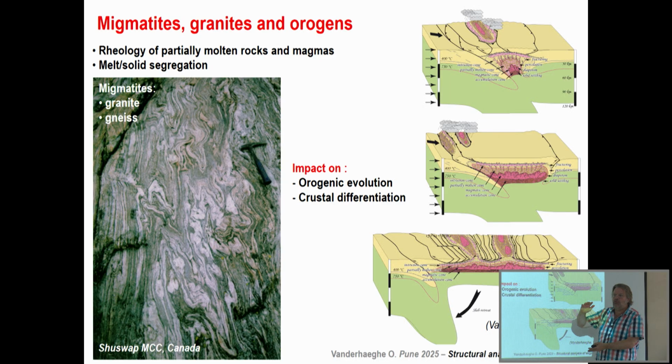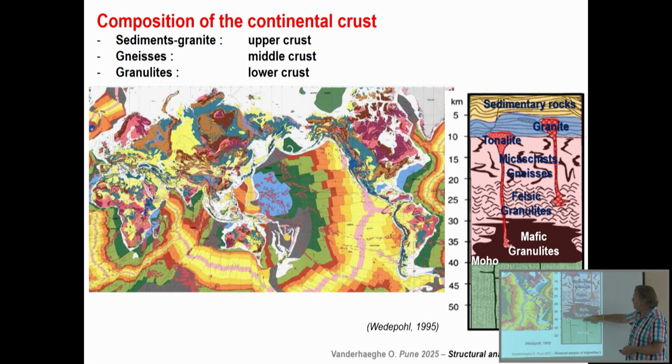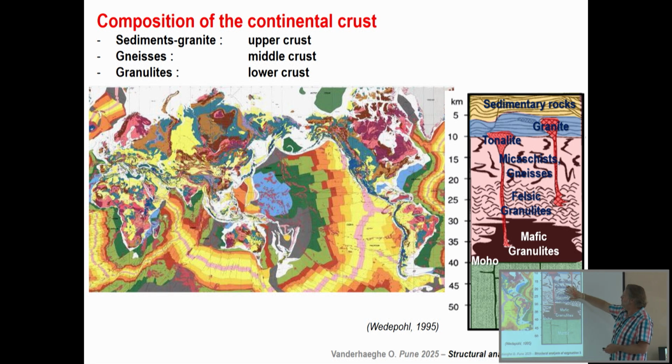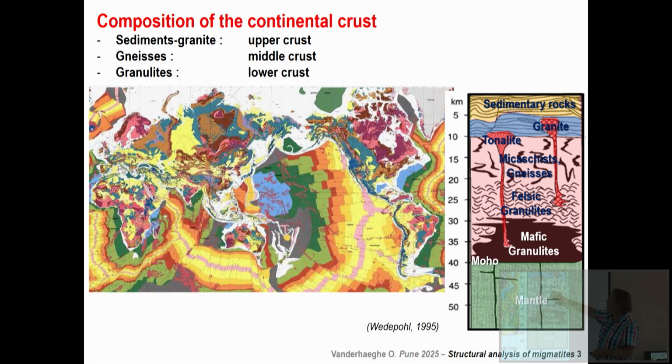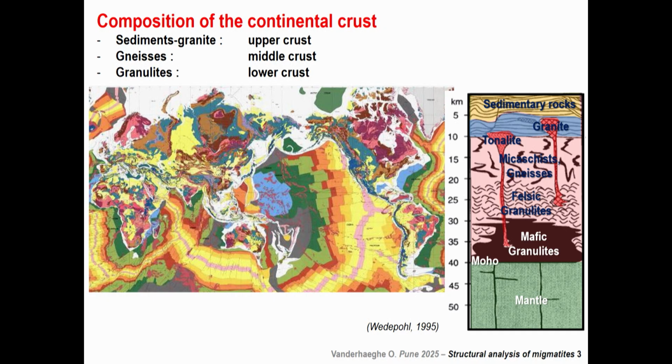Starting with a homogeneous crust, you end up with a differentiated crust in different layers: more mafic in the lower crust, felsic intermediate in the middle crust, and more granitic and sedimentary aluminous in the upper crust, where surface processes take over the magmatic processes.